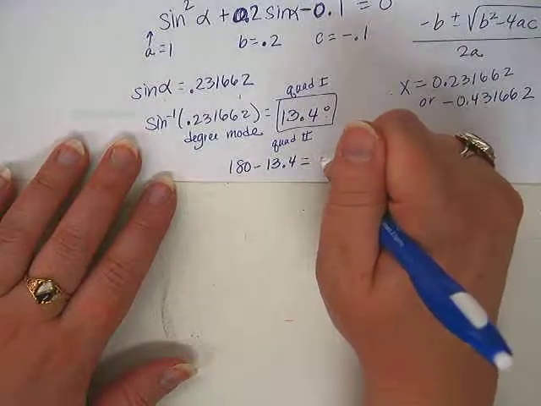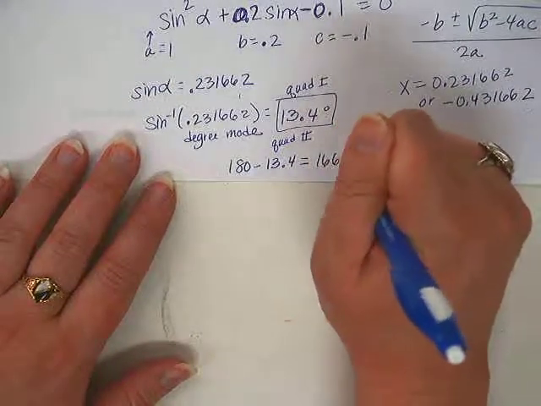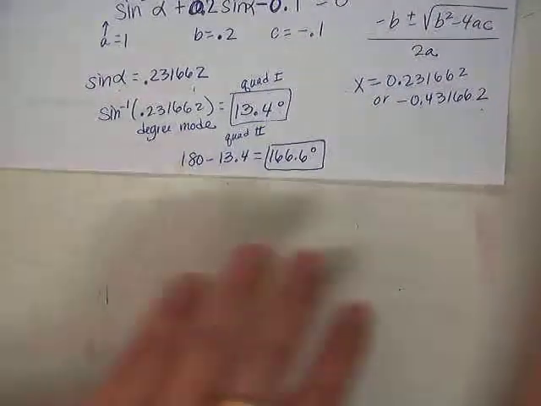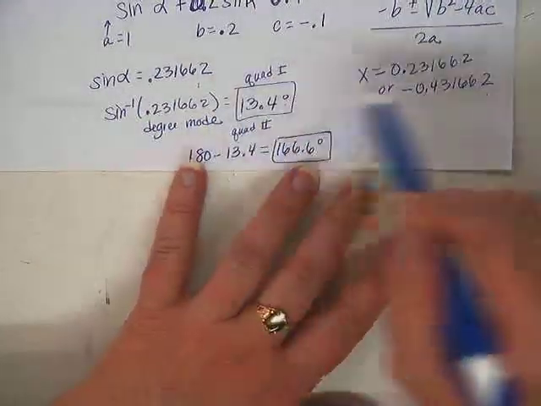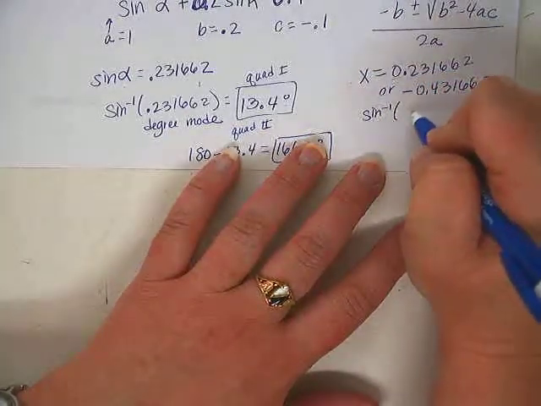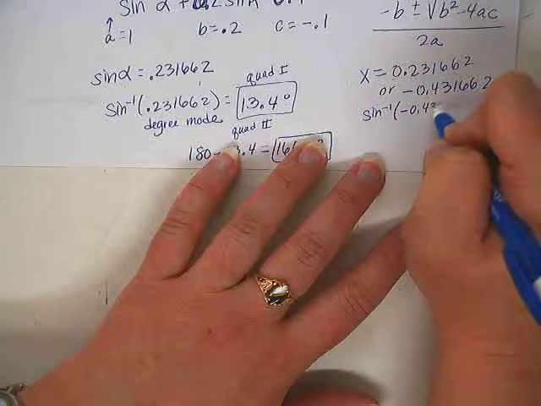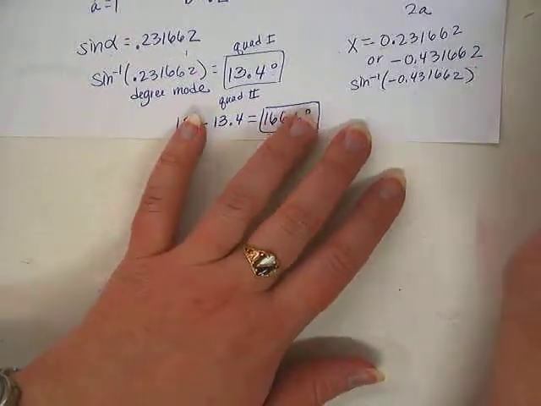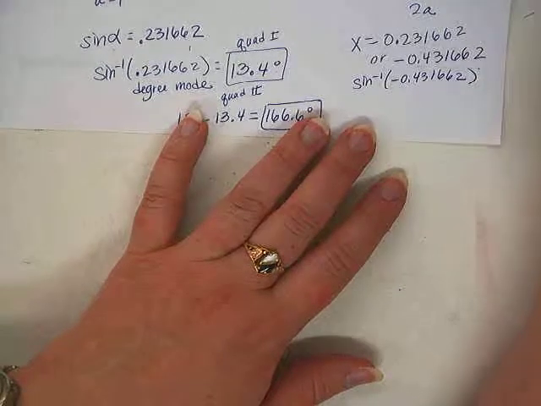You actually have to realize that you're going to go 180 minus that 13.4 to find the quadrant 2 answer. Good, very good. 166.6.